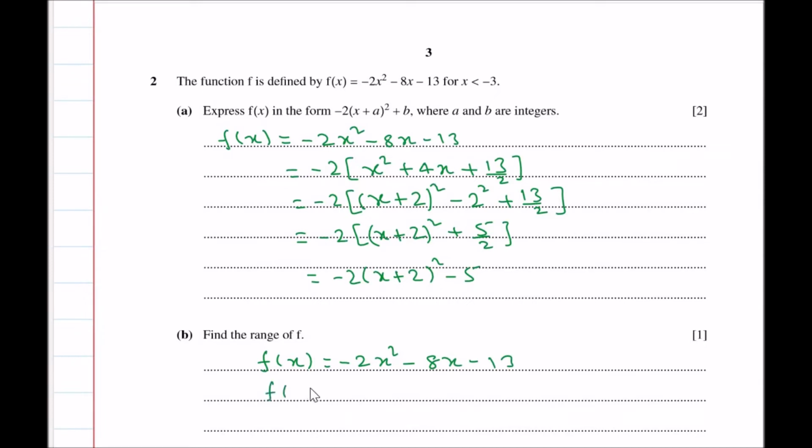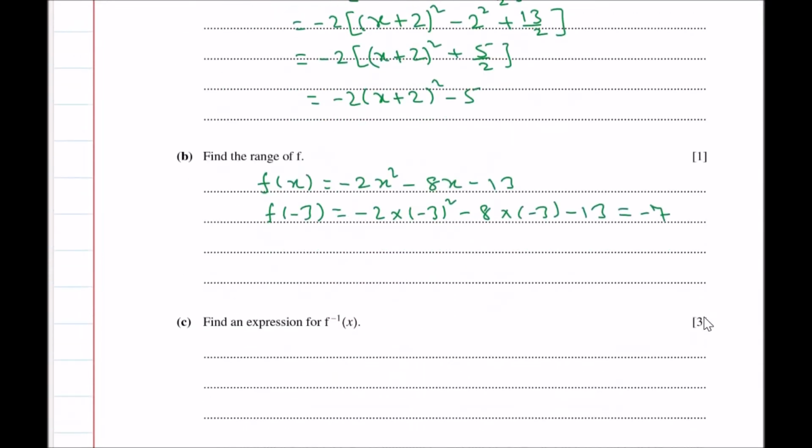So f minus 3 gives us minus 2 into minus 3 square minus 8 into minus 3 minus 13, and that is giving us minus 7. What does it mean? It means the range is f x less than minus 7.